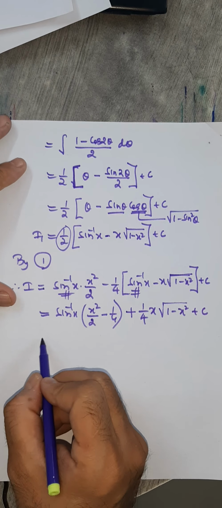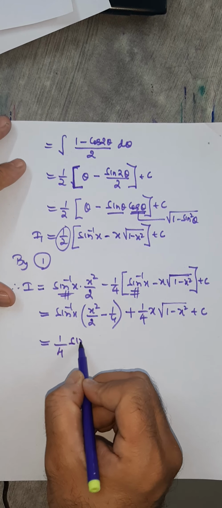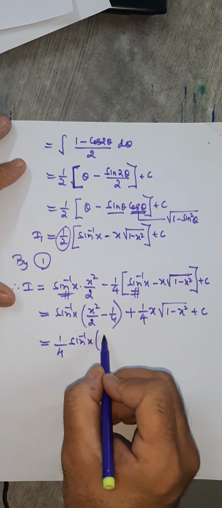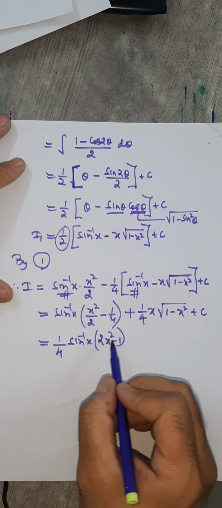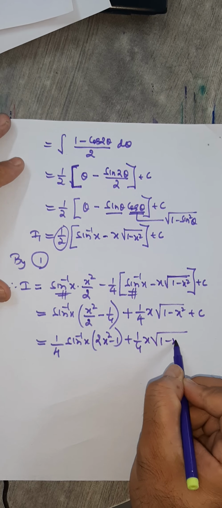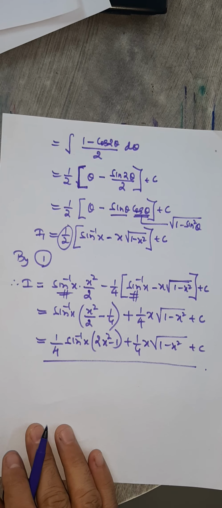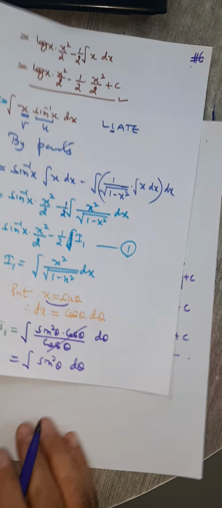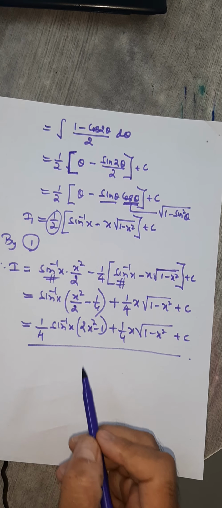And further, if you want, you can take 4 as LCM. 1 by 4 sine inverse x, here 2x squared minus 1, 4 is the LCM, remember, plus 1 by 4 x into root of 1 minus x squared plus c. So that I1 was a very important portion here, remember. This was a very important part here.